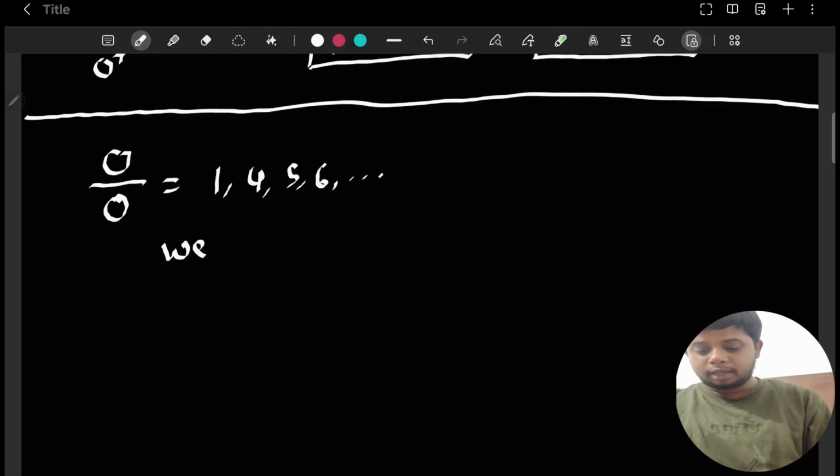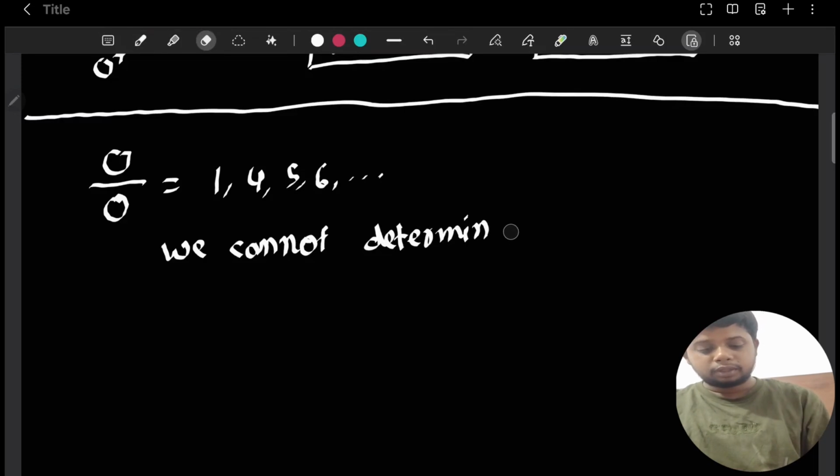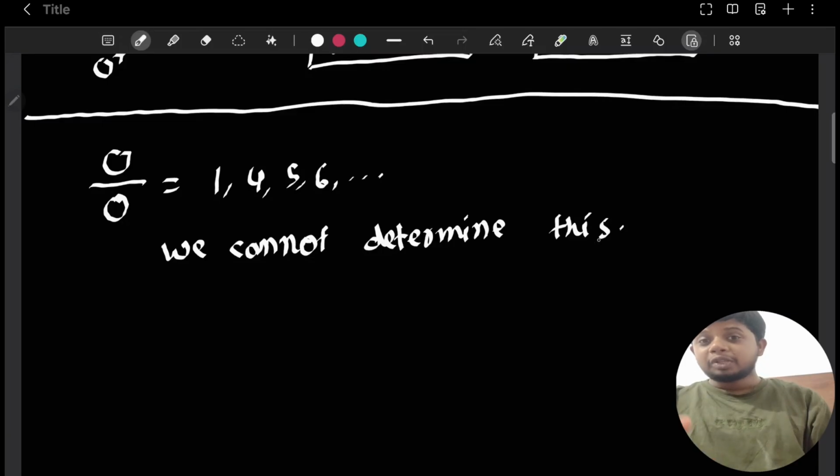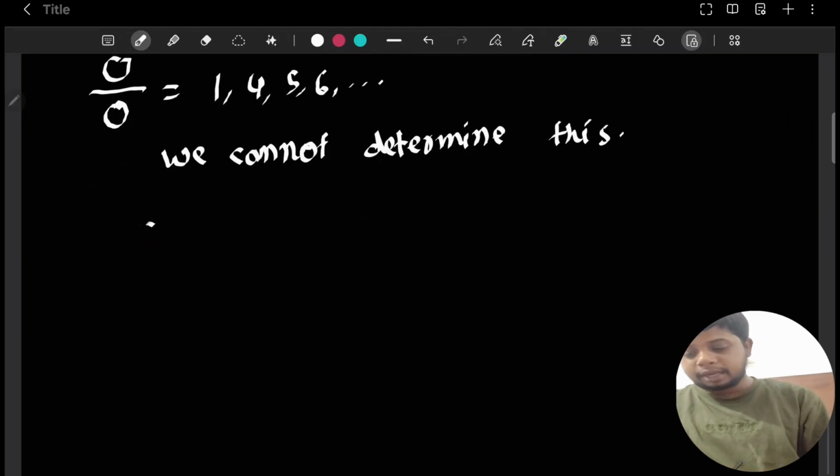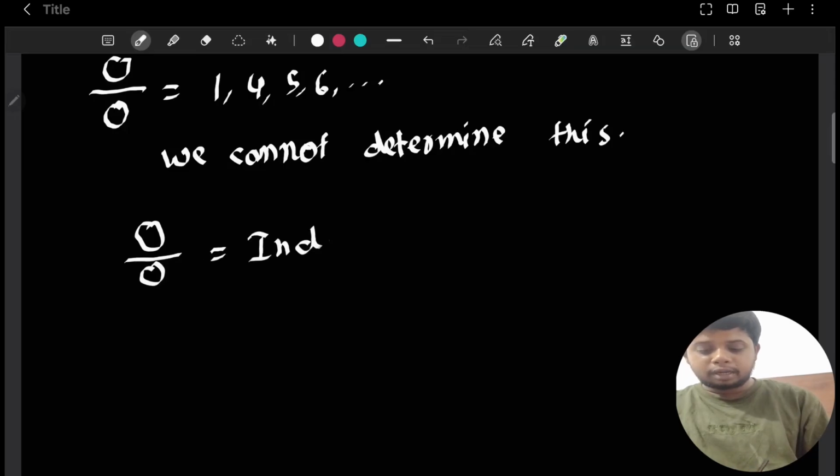We cannot determine this. So if I cannot determine something, that means that is indeterminable. Yes. That is, this 0 by 0 is indeterminable.